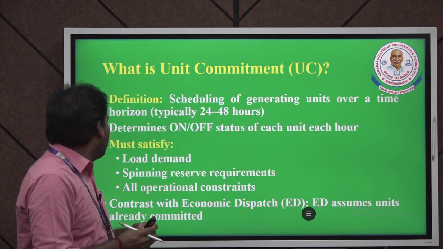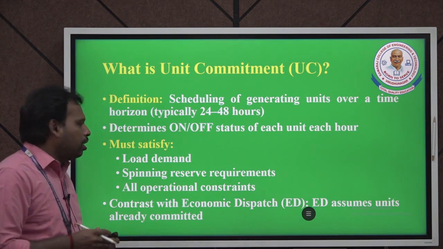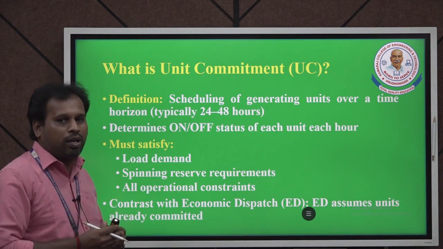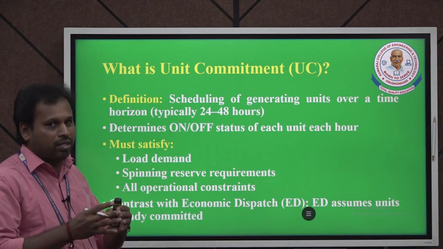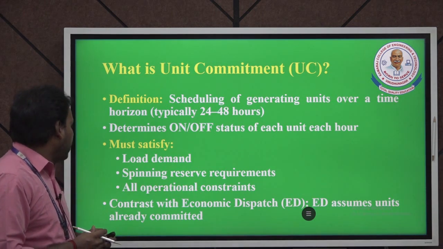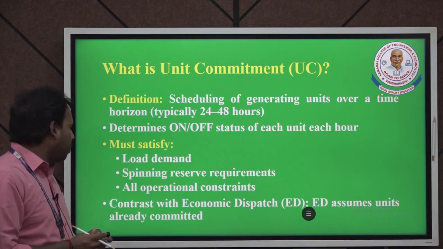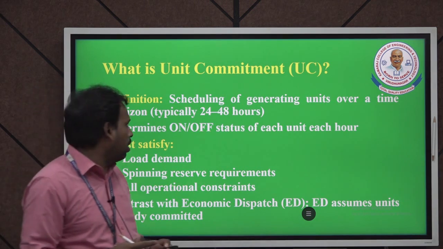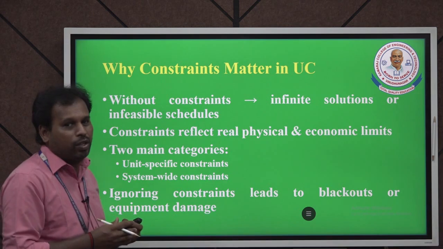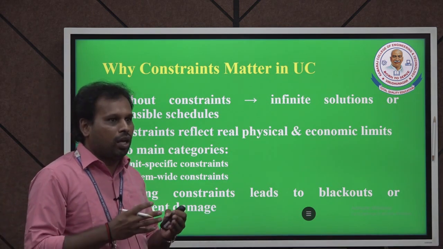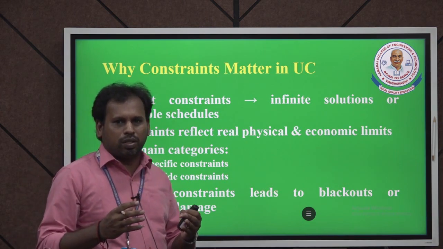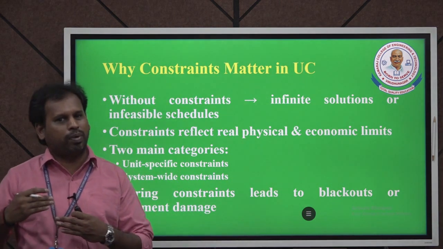Unit commitment must satisfy load demand and spinning reserve requirements. Spinning reserve means excess generating units we have to fix for the losses and the transmission purpose. Then operational constraints. Why must constraints matter in UC? Without constraints we cannot operate generating units, because load demand will change every hour.